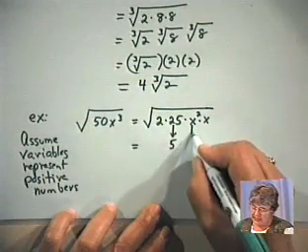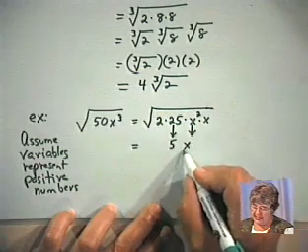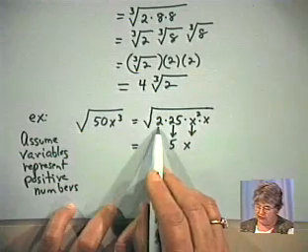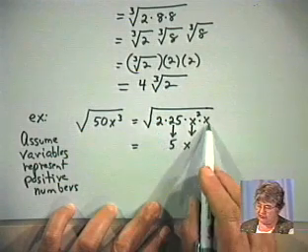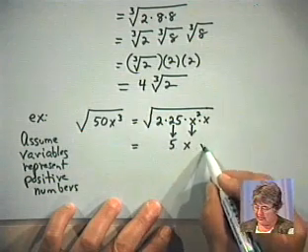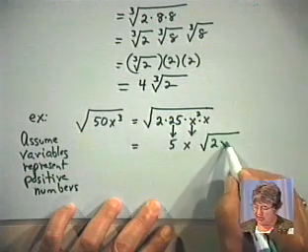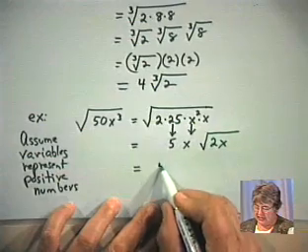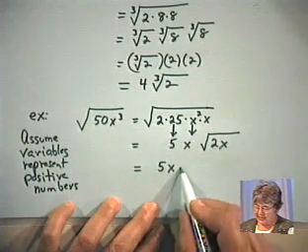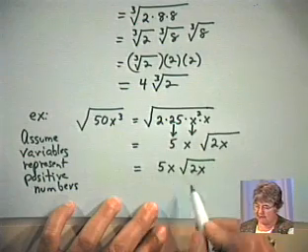We're going to take the x squared, square root of x squared is x, outside. The 2x stays inside the radical. That's not a perfect square. So it turns out that the square root of 50x cubed is just equal to 5x times the square root of 2x.